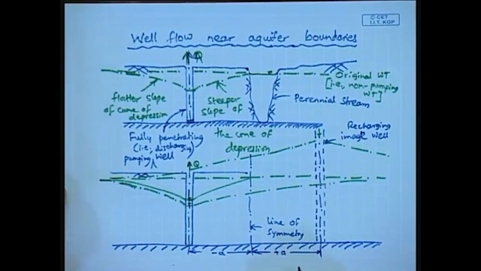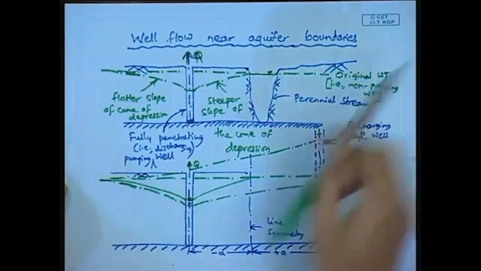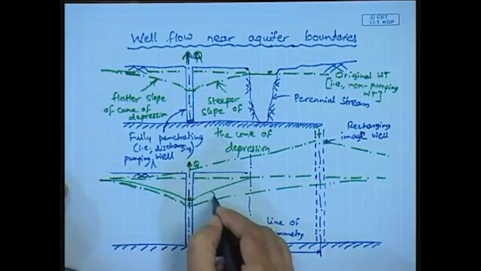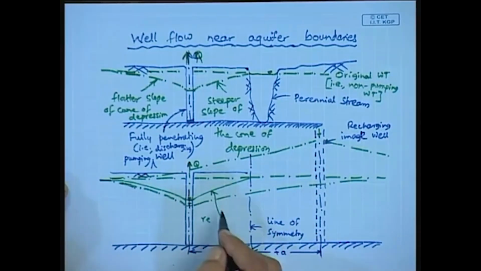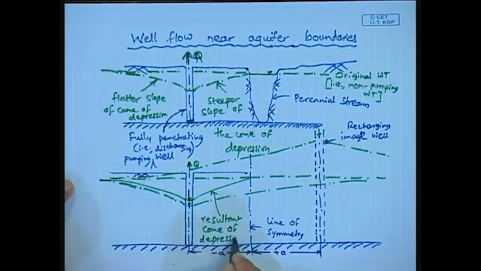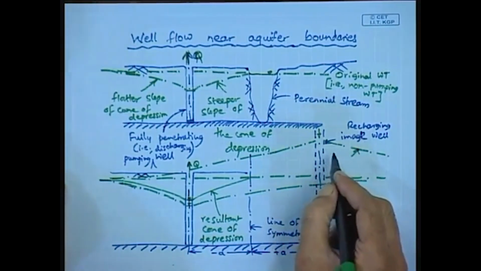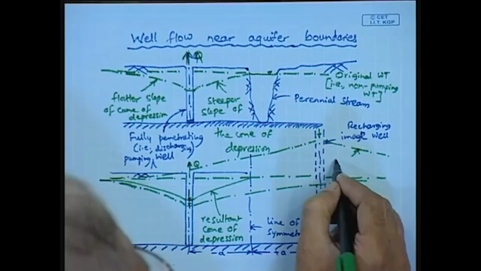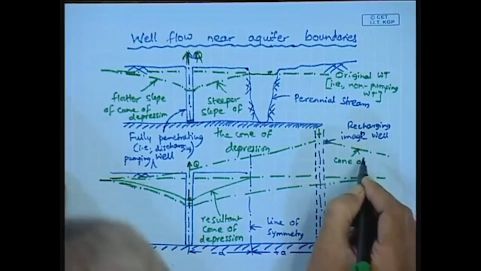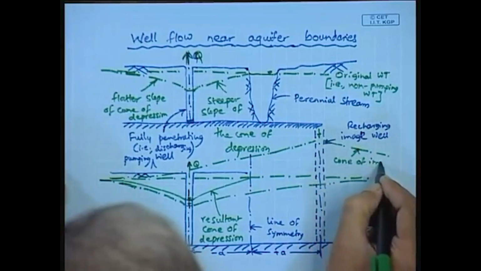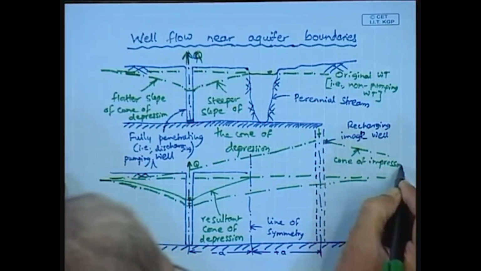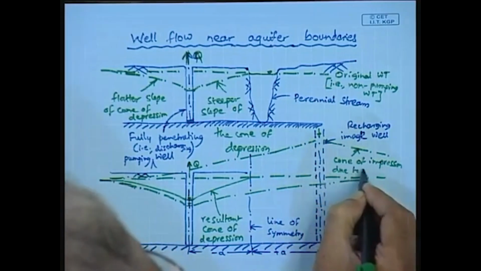So, therefore, here this is the resultant cone of depression, and then this is the cone of impression due to the image well.